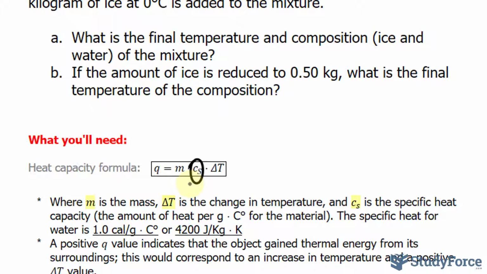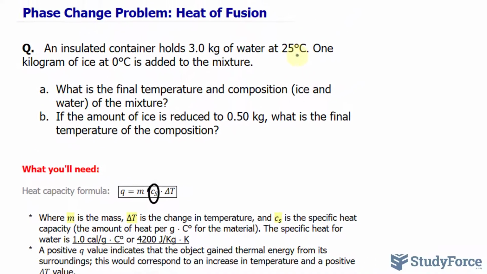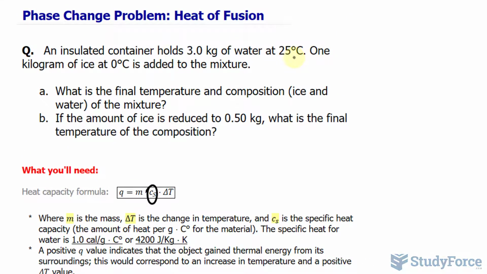That's the amount of energy needed to raise 1 gram of a substance by 1 degree Celsius. And over here is the difference in temperature. Now with that, I can calculate the amount of heat the water, which is at 25 degrees Celsius, will be releasing to the ice, which is at 0 degrees. Let me show you how to do that.